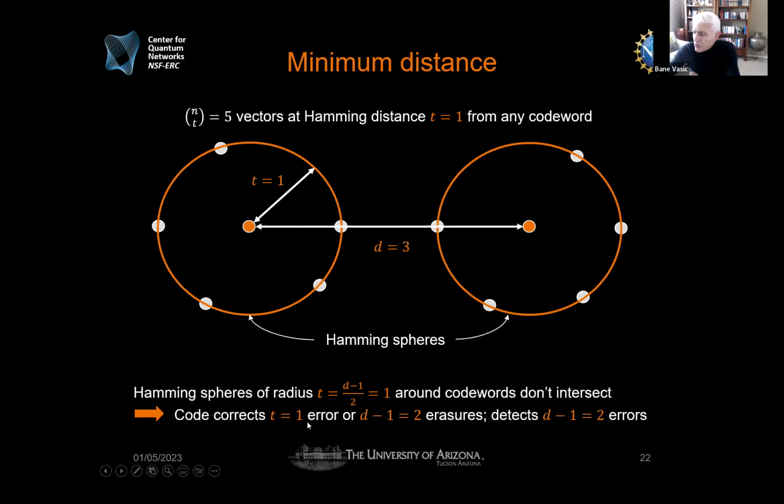So this is important to remember, this error correction capability of a code based on minimum distance: that we can correct approximately half of the minimum distance of errors, and d-1 erasures, and detect d-1 errors.